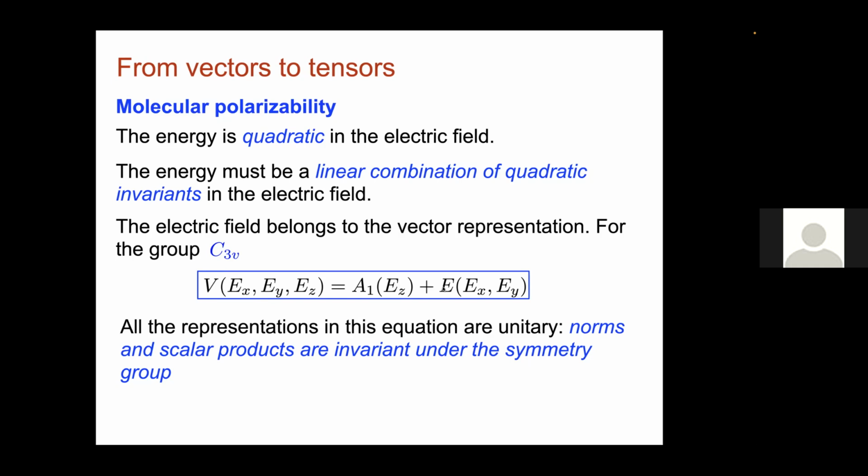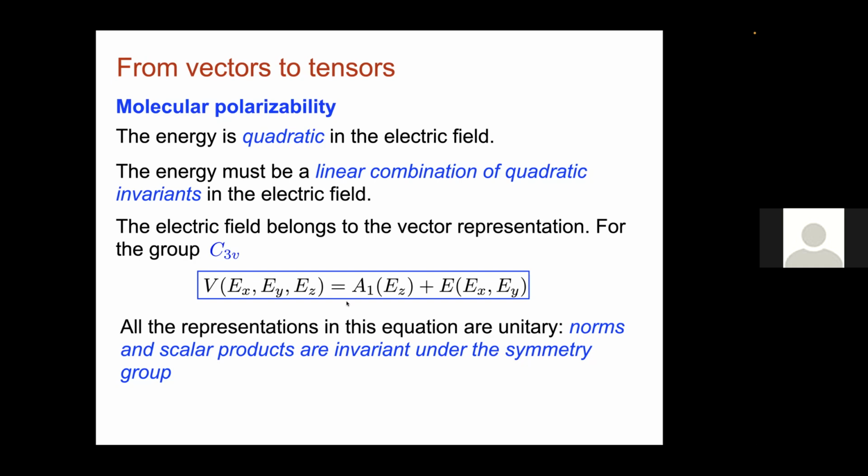there is a theorem. If you are reading some book, you have already encountered it for sure. There is a theorem that tells that for a finite group, and this is a finite group, it only has 6 elements, if you are given any representation, you can always find an equivalent representation which is unitary. And unitary representations are very convenient to work with.